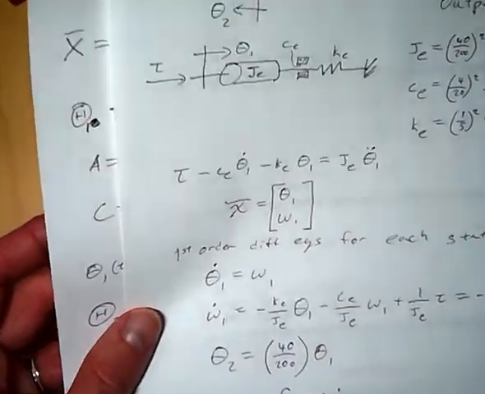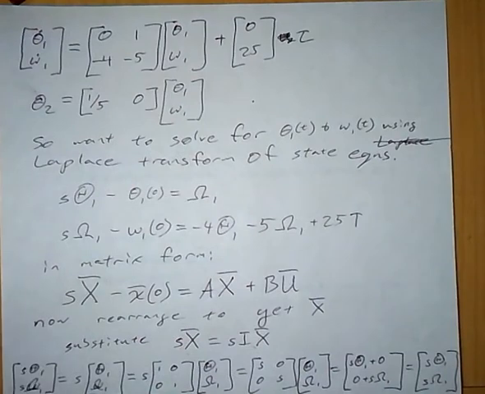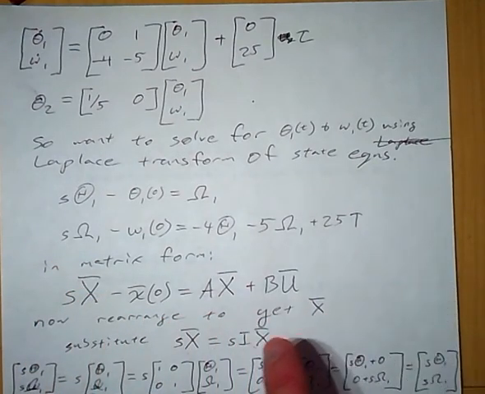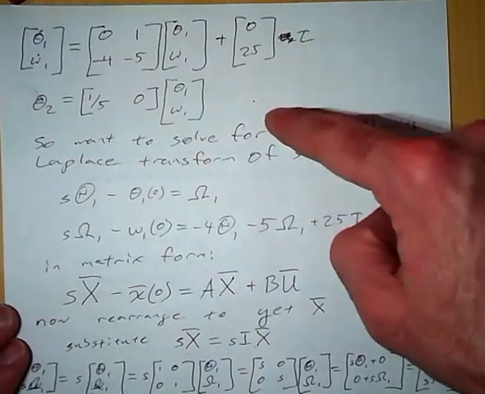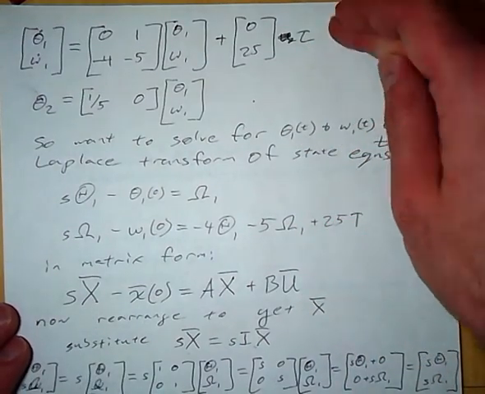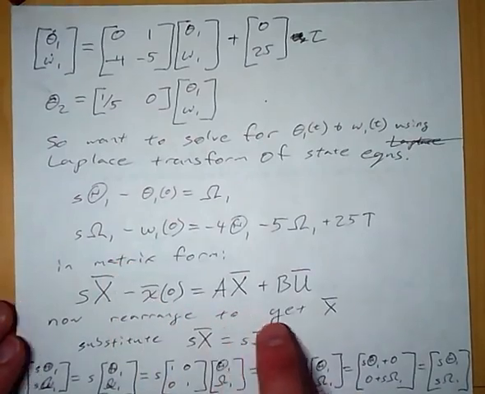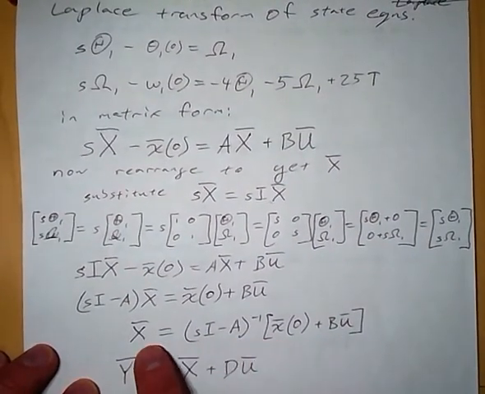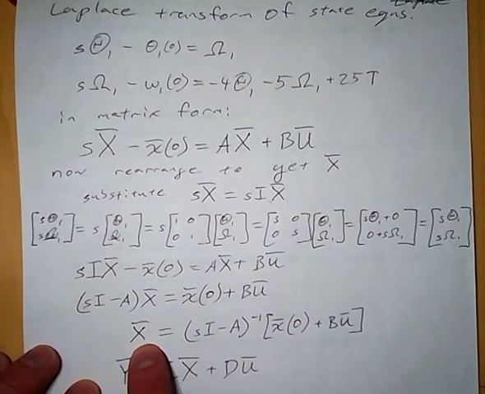And then what we did new was take the Laplace transform of our state space representation and obtain the values that are necessary to get us the Laplace transform of our state vector.